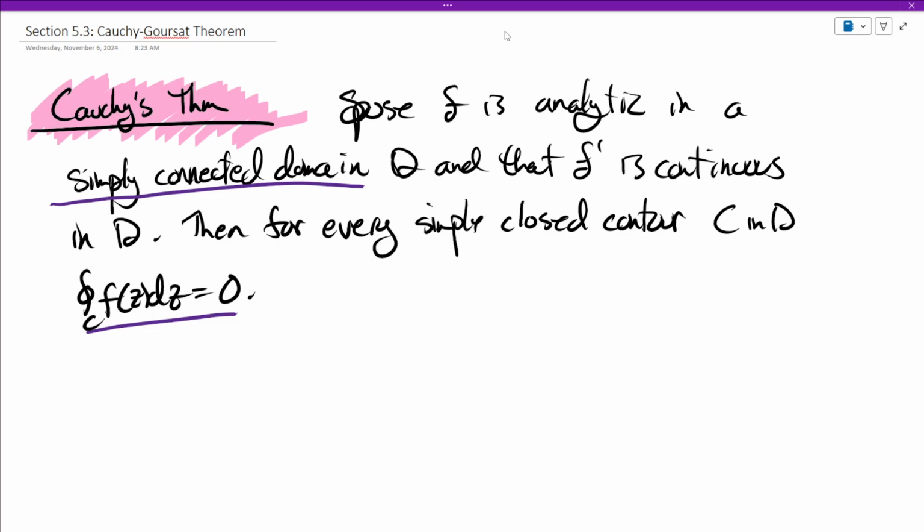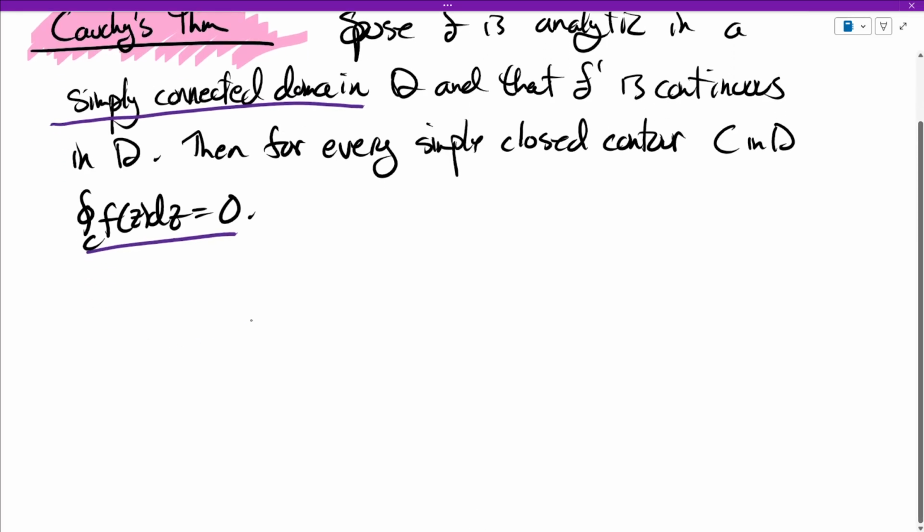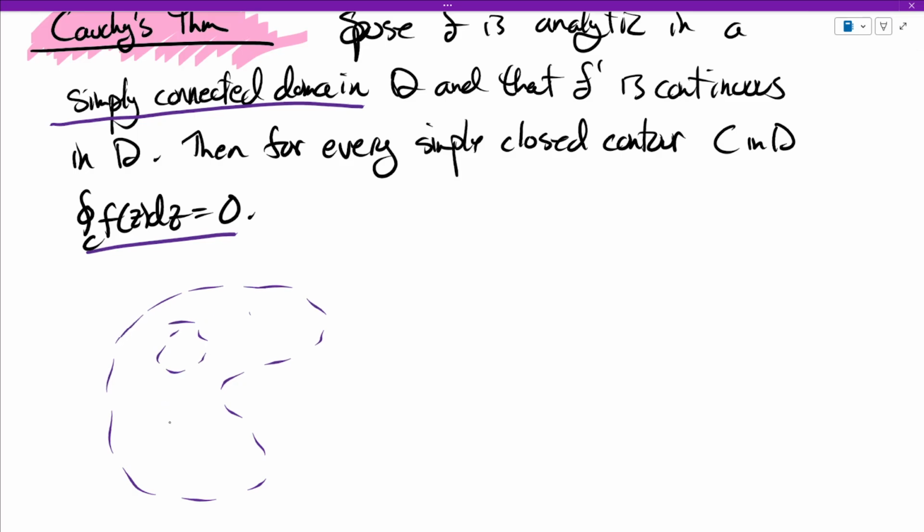Now, what does simply connected mean here? So I'm going to draw you a picture here of something that's not simply connected. It's got to be a domain, so it has to be open. So our boundary lines have to be open.